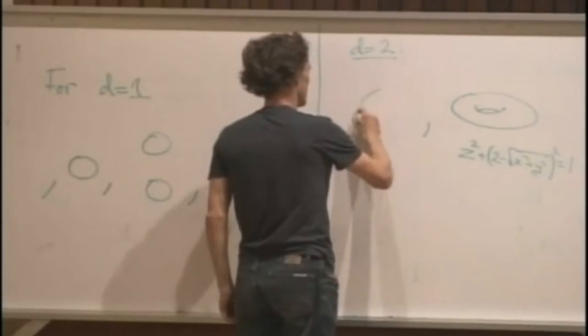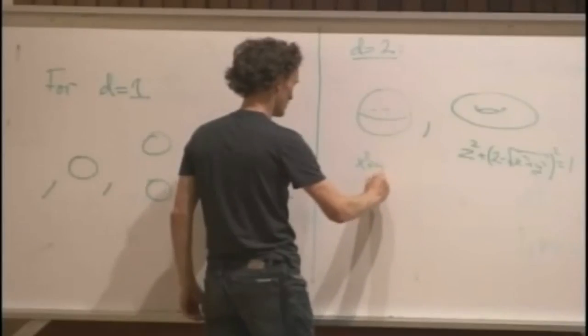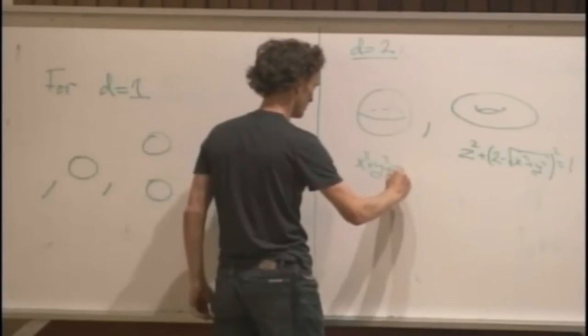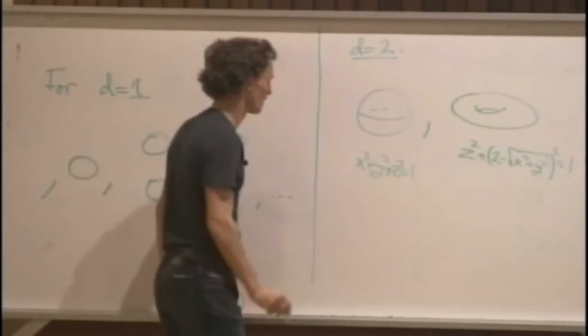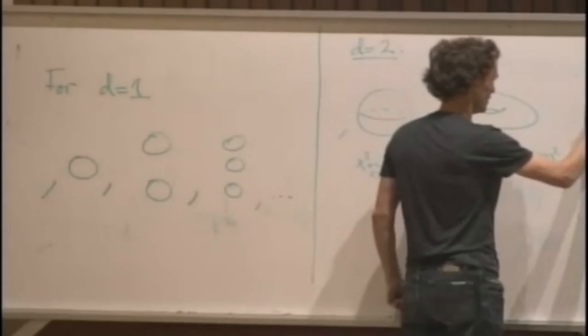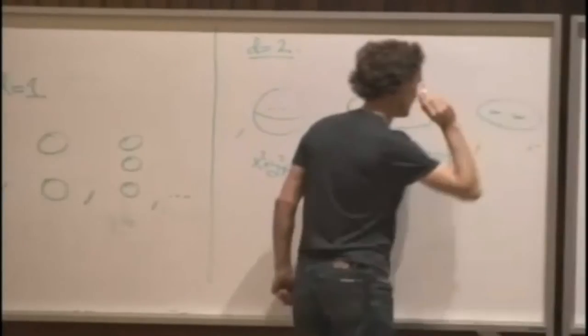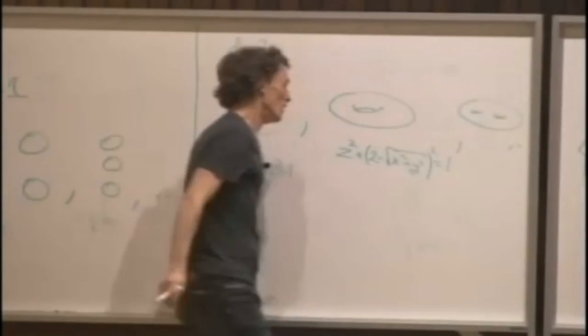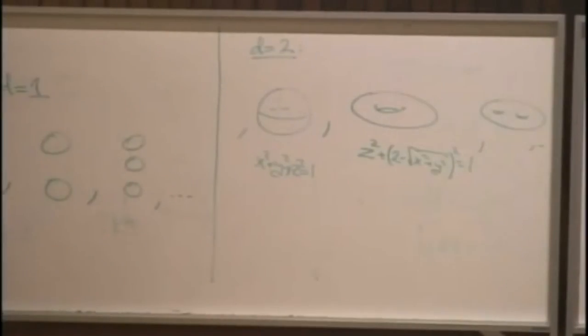That's a sphere: x squared plus y squared plus z squared equals 1. Empty set again. That's what you get by gluing two tori together. You can glue multiple tori together.